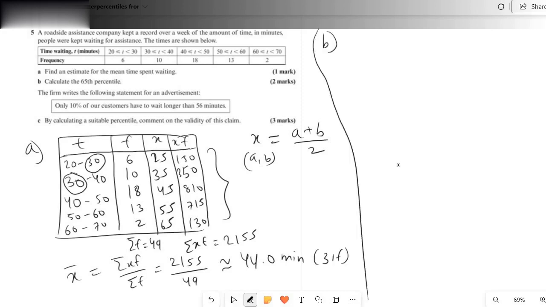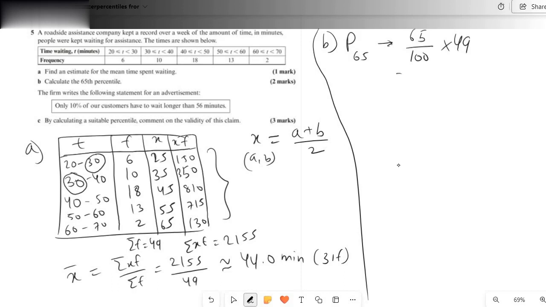Now for number b, we have to calculate the 65th percentile. So let's find out where it lies first. So P65, or the 65th percentile, must lie at 65% of the whole data. And we know that the whole data is going to be 49 because it is comprised of 49 data values.